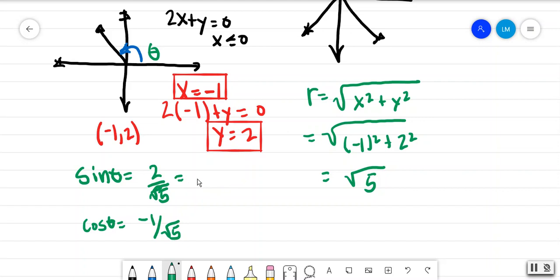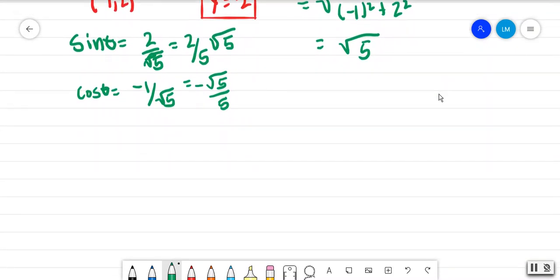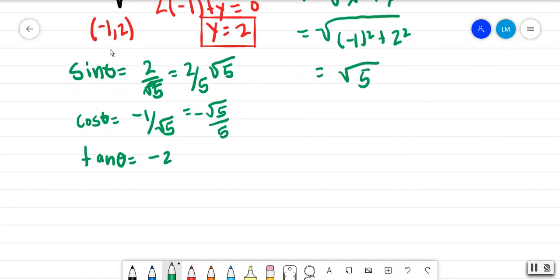Now keep in mind that if you multiply by the conjugate, that gives you 2/5 root 5, and that gives you negative root 5 over 5. But I need to also find tangent, for instance. So tangent of theta is just going to be, in this case, -2, because that's going to be 2 over -1, which is -2.